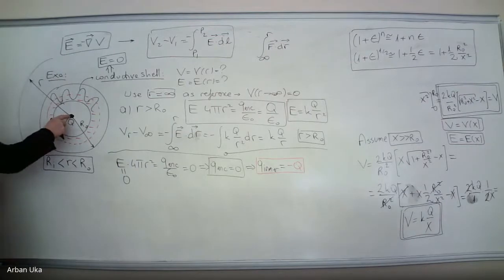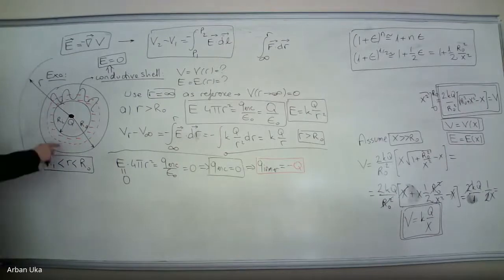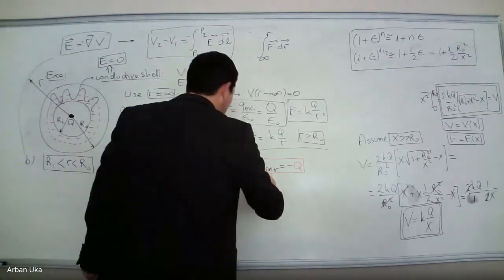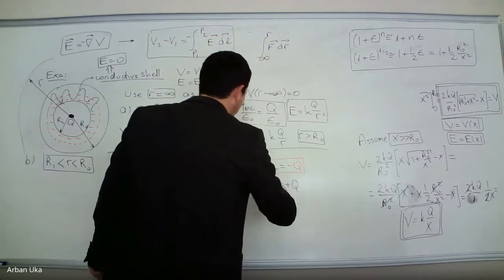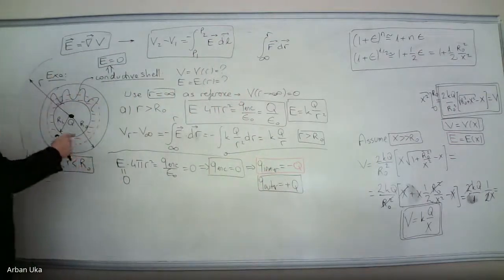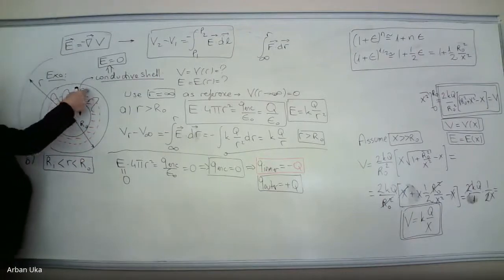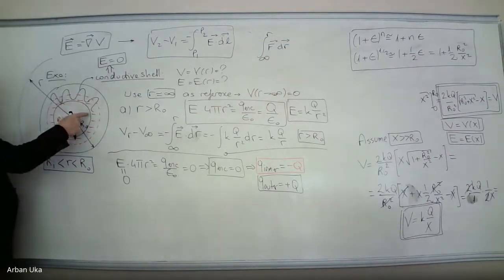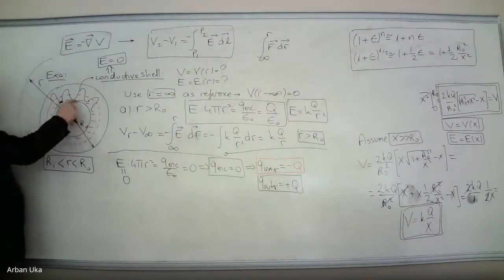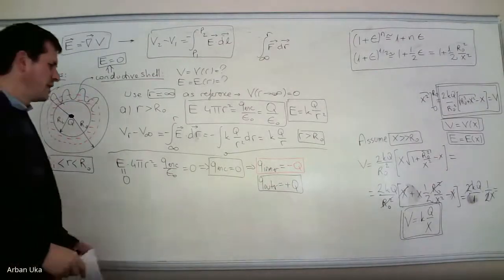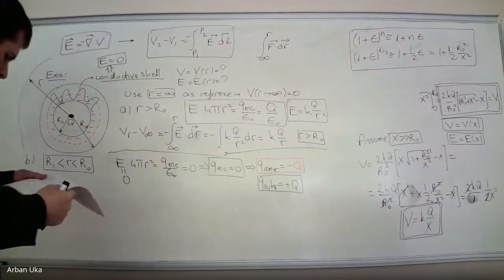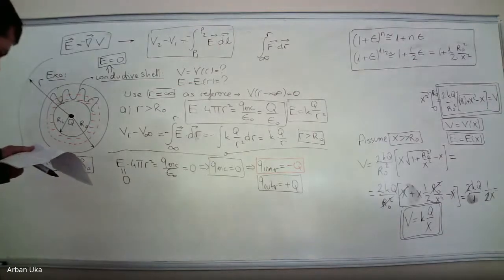Because here we have a positive Q. At the inner boundary, right here, we should have a negative Q, so that the total charge inside the Gaussian surface is equal to 0. But if this is the case, we can also say that the outer Q is equal to plus Q. This is a conductive shell, and the charges can move within this conductive shell, and they do. And then we have a negative charge in the inner boundary, which is equal to minus capital Q, and we have an outer charge in the outer boundary, which is plus Q. So this is how we can visualize this system.